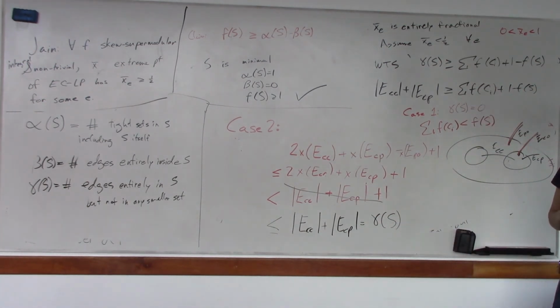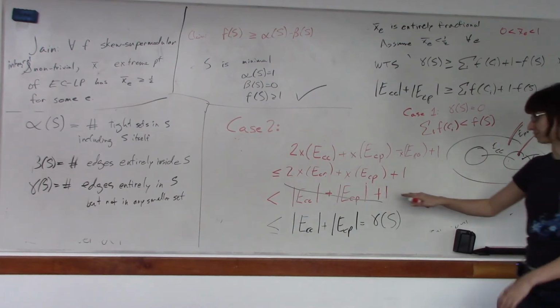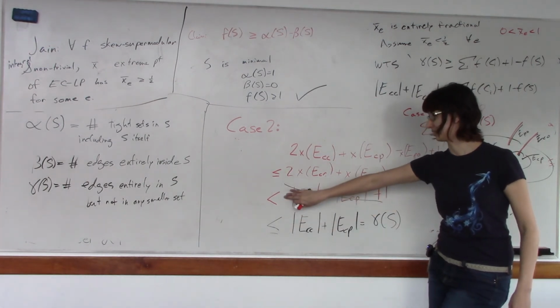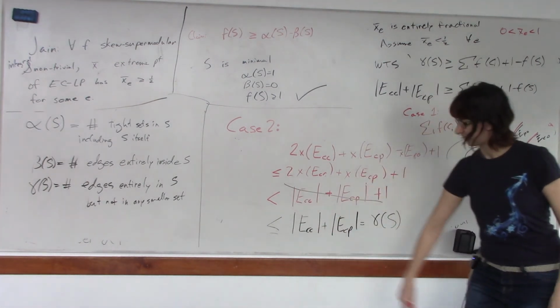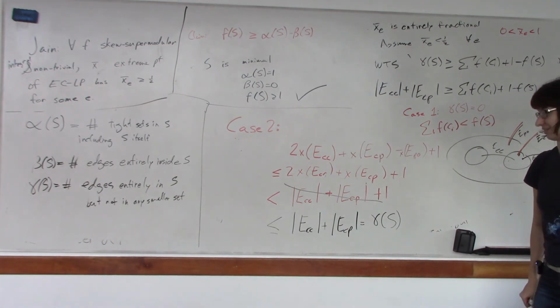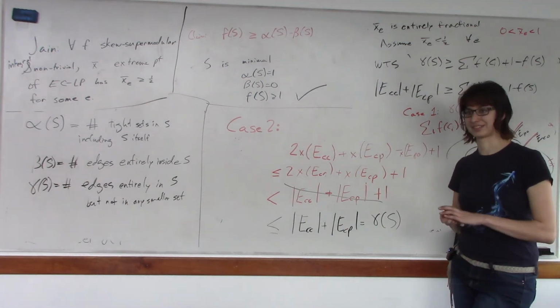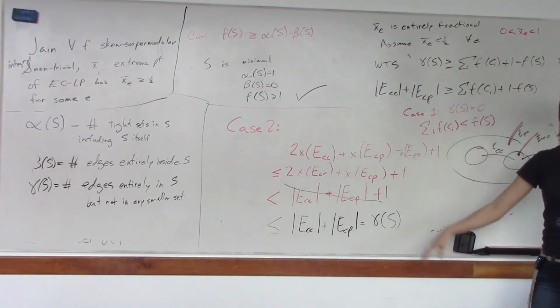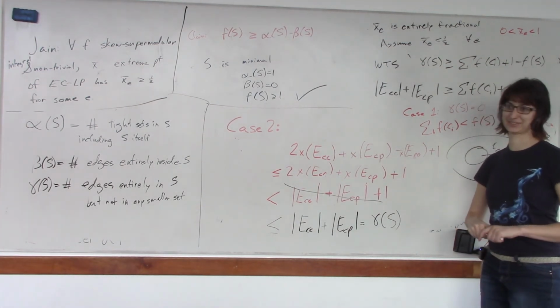You have to add that equality sign. So we made the strict inequality into less than or equal. It doesn't disappear; it's used in a different way. It goes away eventually. I just got rid of it a little too early.